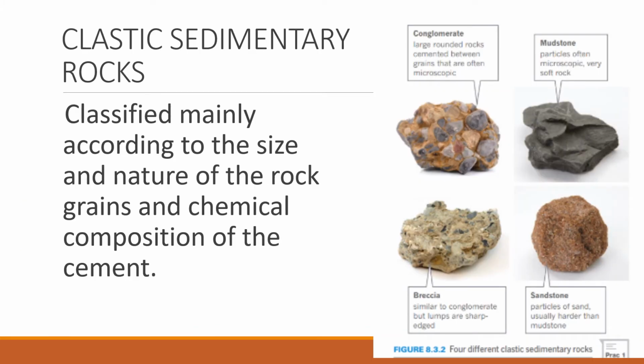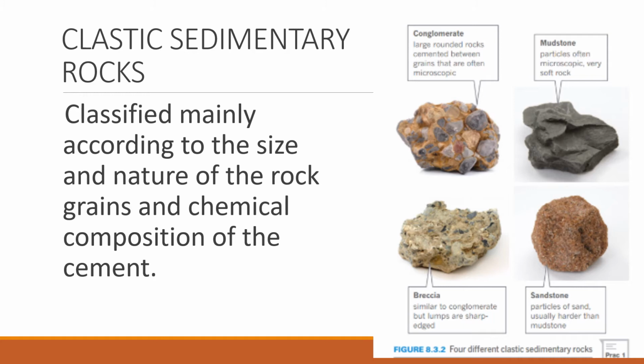Clastic sedimentary rocks are classified mainly according to their size and nature of the rock grains and the chemical composition of the cement. So conglomerate is just large rounded rocks cemented between grains that are often microscopic. So here you see in that one, it just looks like a building of different rocks cemented all together, mishmash. Then you get a mudstone, which is particles often microscopic and very, very soft rock.